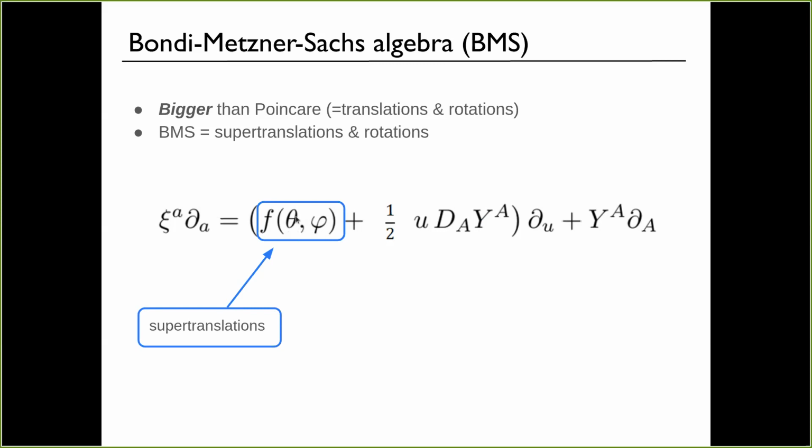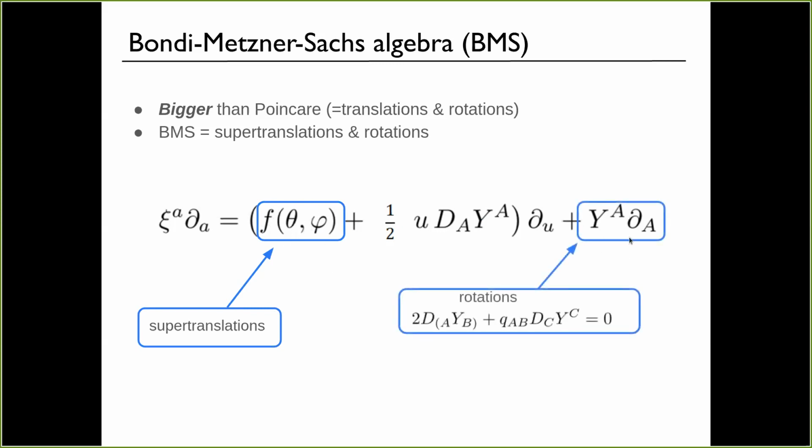So if you were to decompose this in spherical harmonics, it's really only that subset. Whereas for supertranslations, this can be an arbitrary function of theta and phi. And of course, our rotations are encoded in here, and they need to satisfy this conformal Killing equation on the two-sphere.